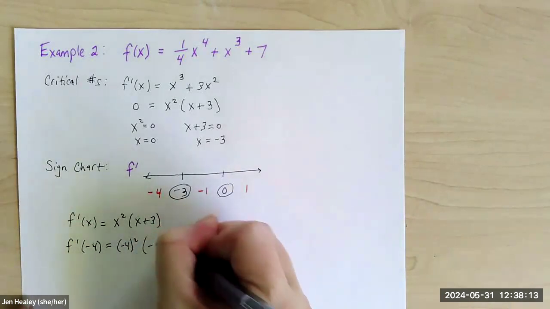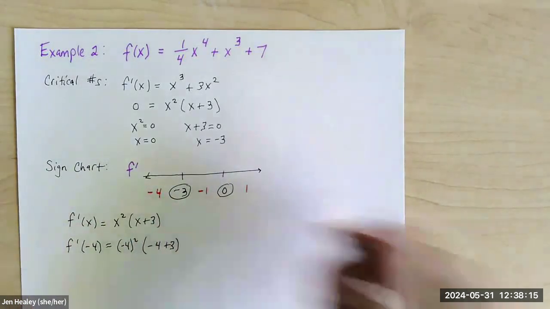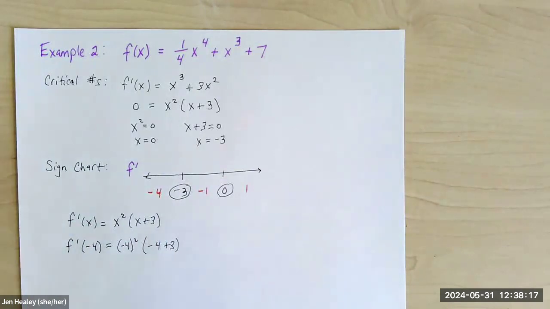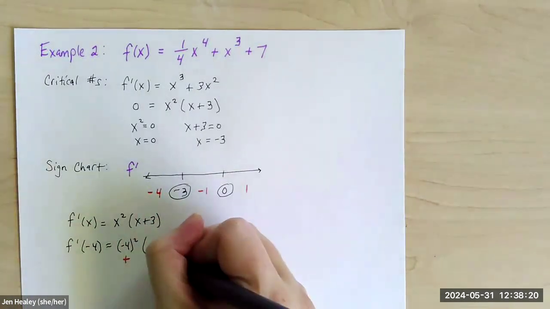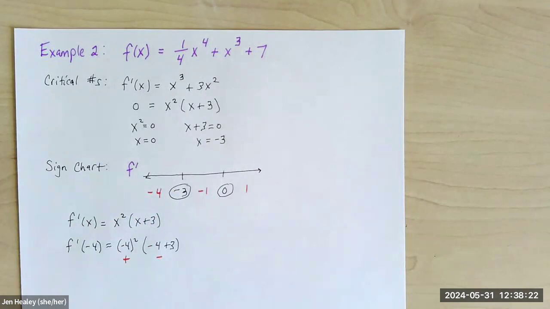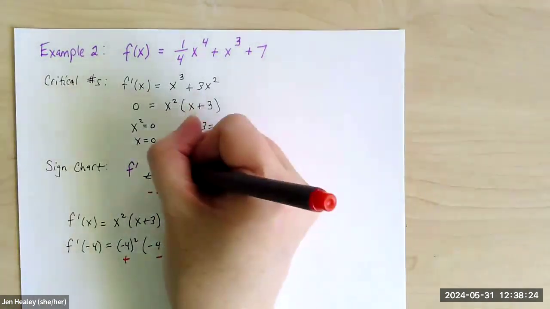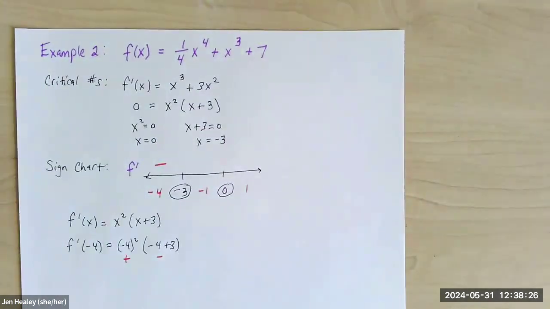And if I plug -4 in here and add 3 to it, I know that term's negative. So I know this one's positive and this one's negative, and you're multiplying those together. A positive times a negative would be a negative in that region. So I know that we're going to be decreasing that function.